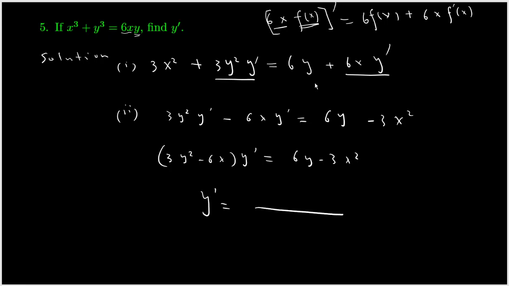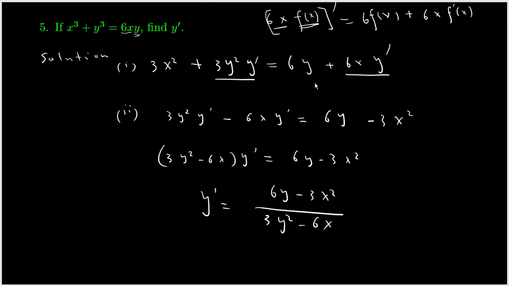Finally, you have the answer. On top, you have that. On the denominator, you just have this. I went over the second step a little quicker, but it's simple, right? So just isolate y prime and solve the equation for y prime.